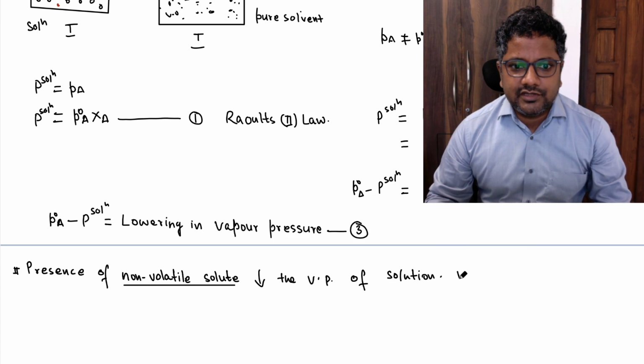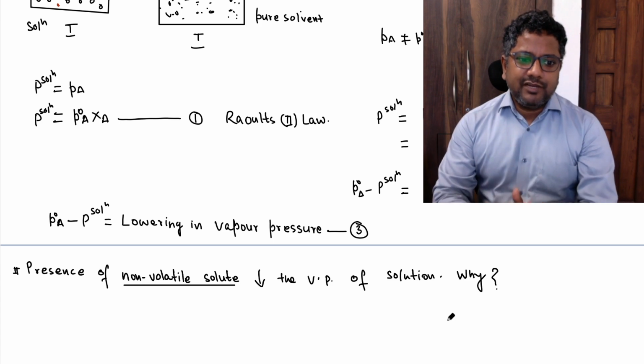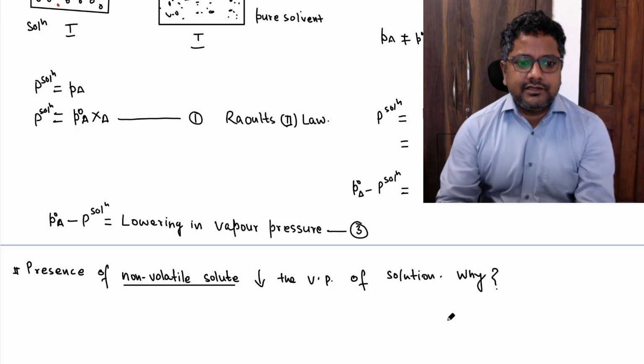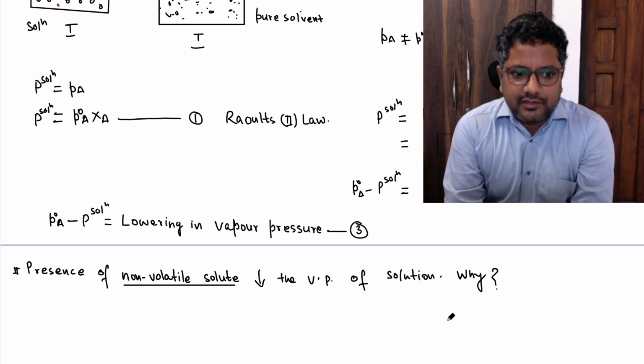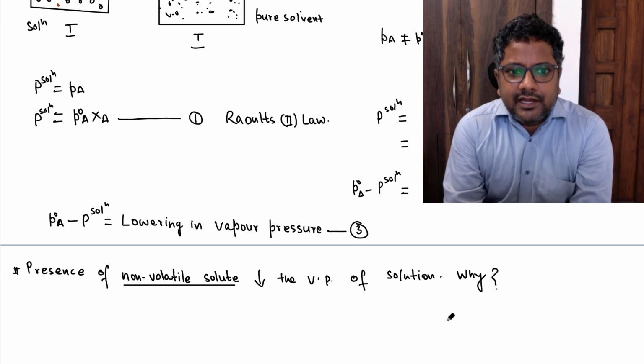So this presence of non-volatile solute will decrease the vapor pressure of solution. Again one question arises, why? Because we know temperature is the same, and vapor pressure depends on temperature, presence of some inert gas or some external factor like pressurization, and no other factor.